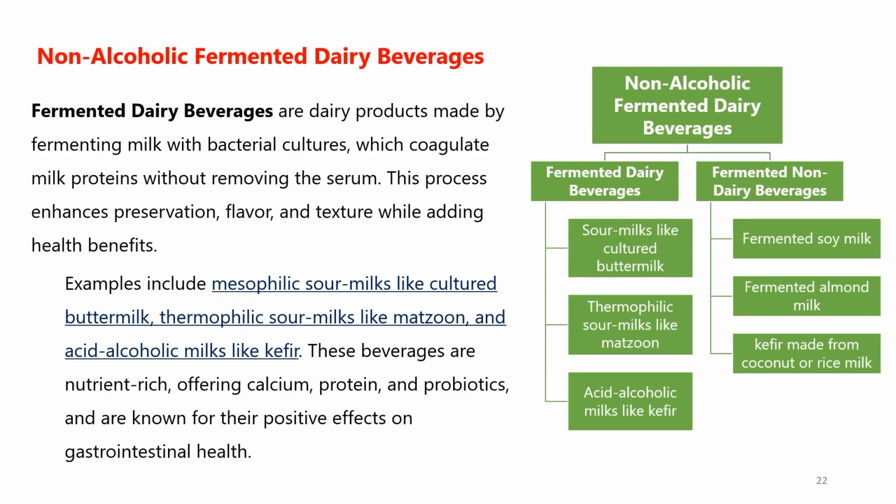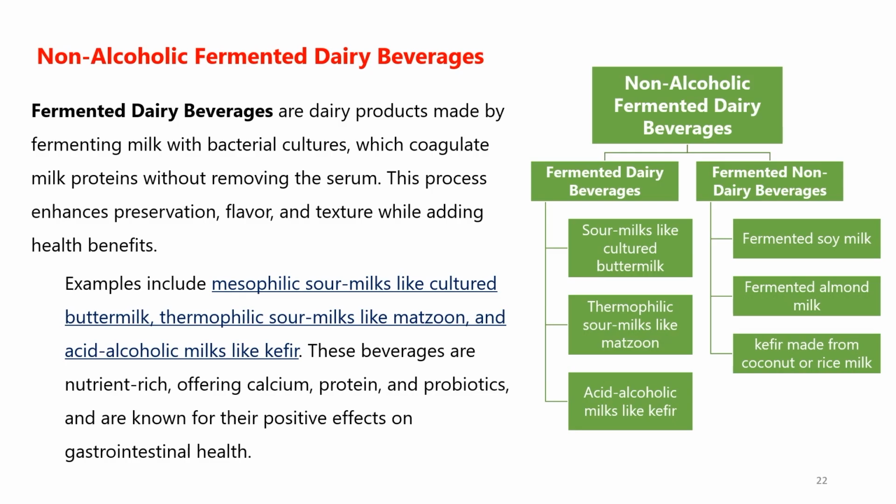Some of the examples include mesophilic sour milks like cultured buttermilk, thermophilic sour milks like majun, and acid alcoholic milk like kefir.